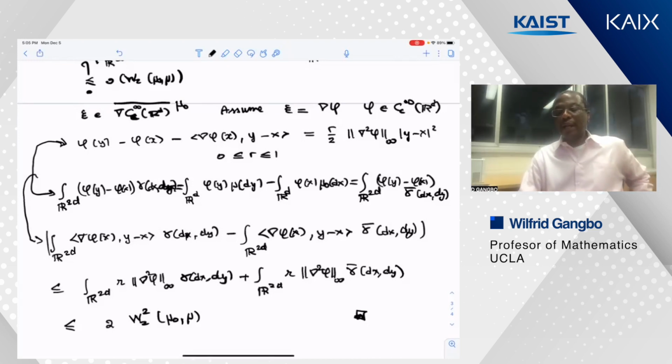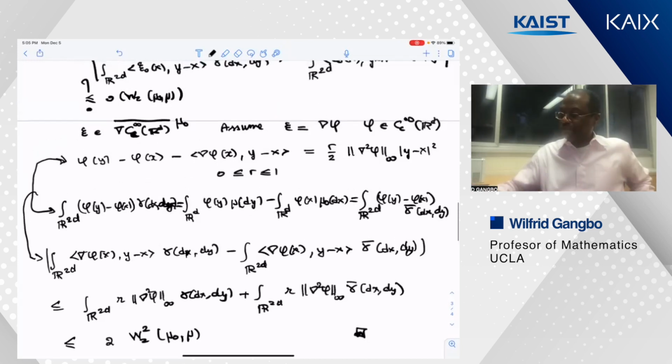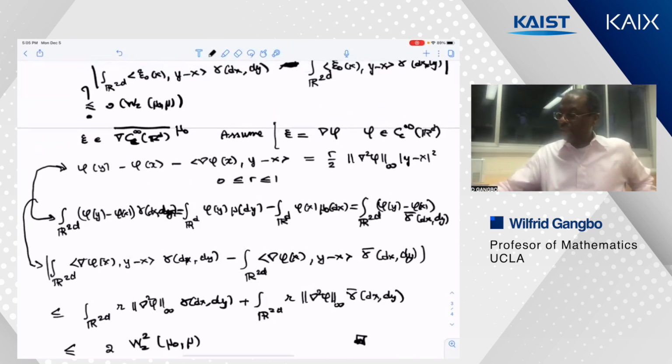So once you have the proof in this particular case, by an approximation argument you can extend the proof to the general case.